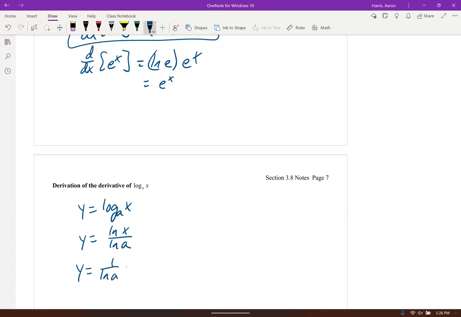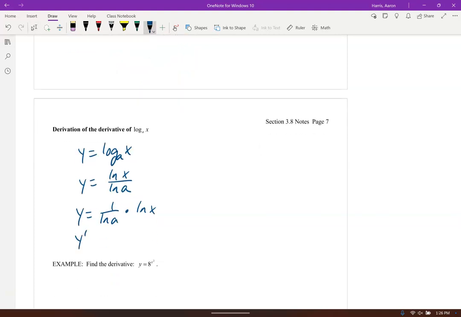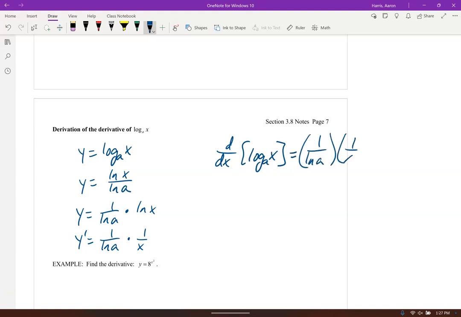That's your constant part times the ln of x. So when you run the derivative, the constant stays there, but then you run the derivative of the natural log, which is 1 over x. Okay, so I just proved that the derivative of log base a of x is 1 over ln of a times 1 over x.